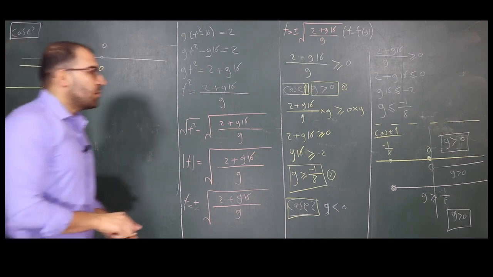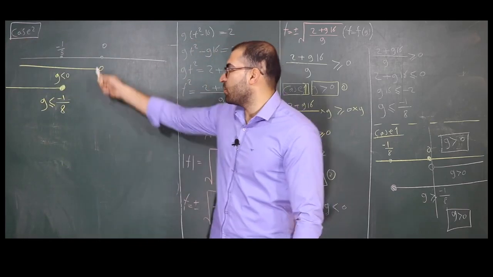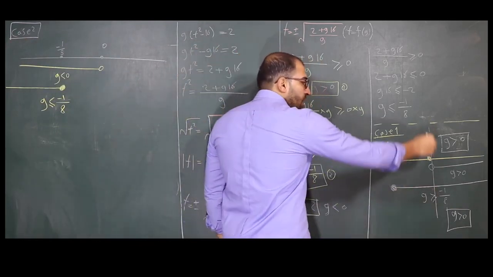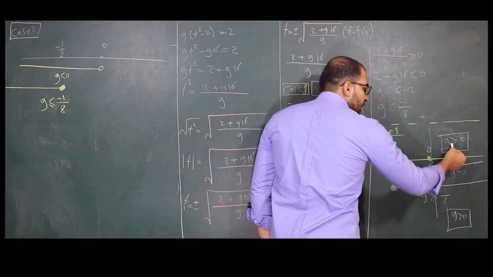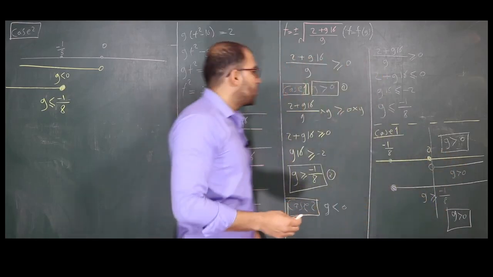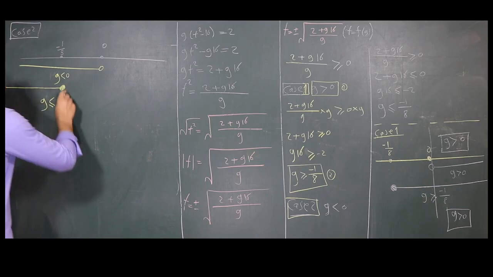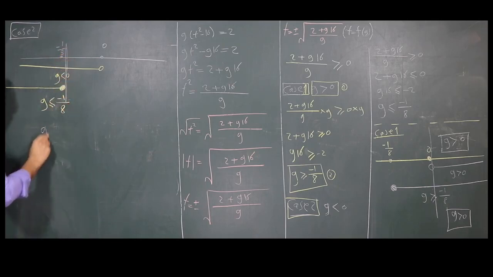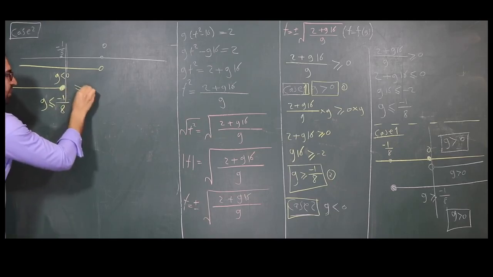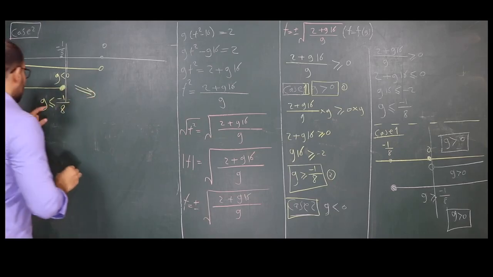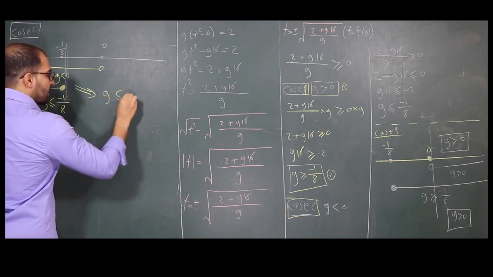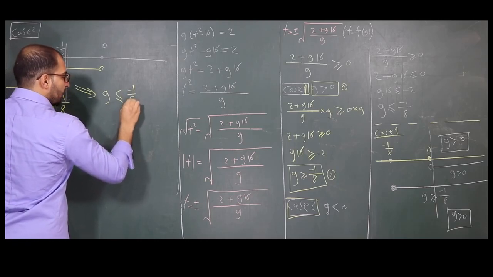Now I'm going to take the common elements between these cases. The common elements here are all the g less than or equal to minus 1 divided by 8.